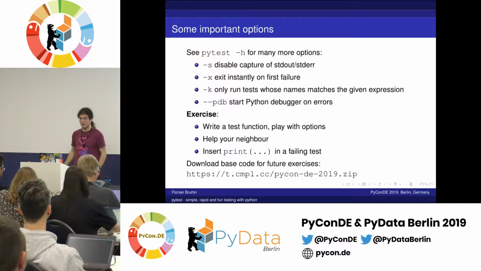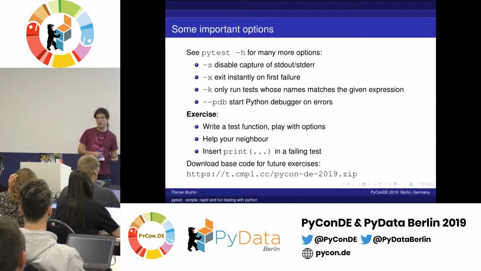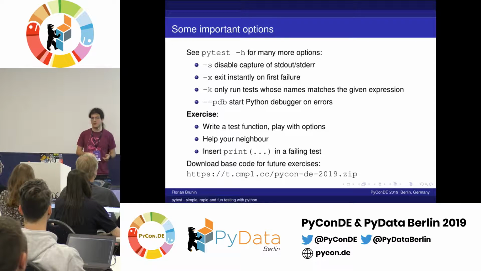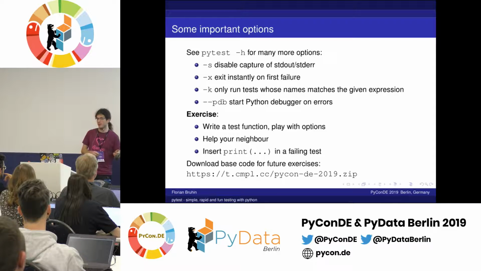So PyTest has a lot of command line options. I can't really cover all of them, so I'll just show some which I use almost daily. One thing PyTest does is it captures all the standard output from your test.